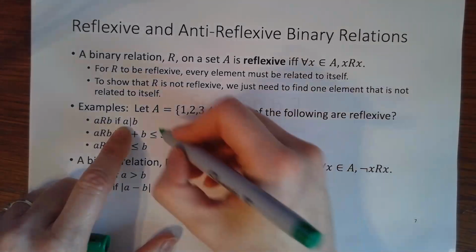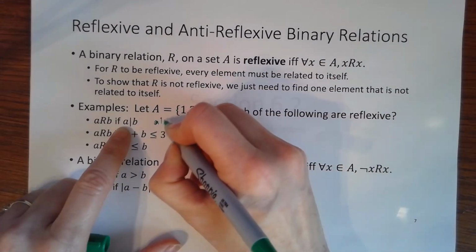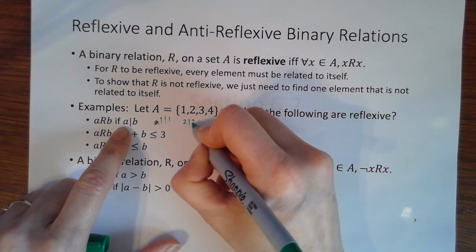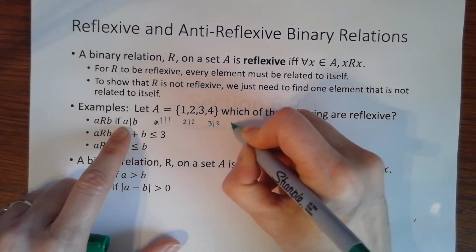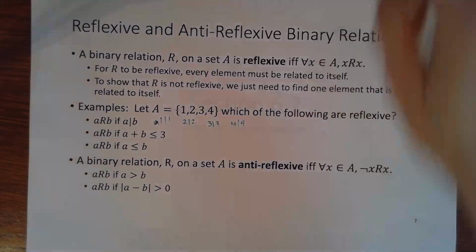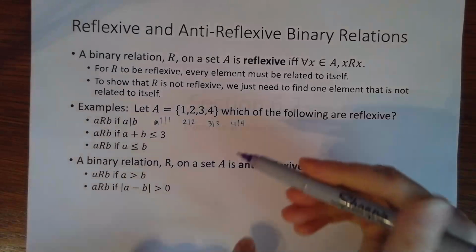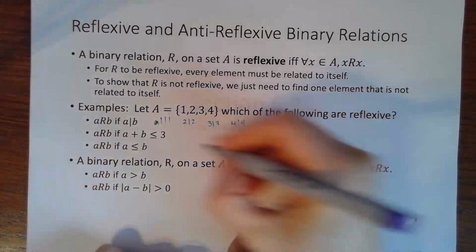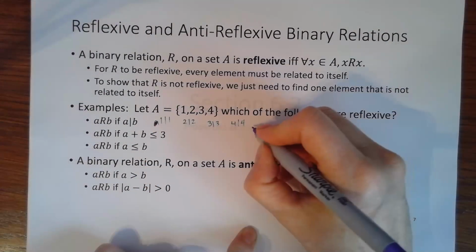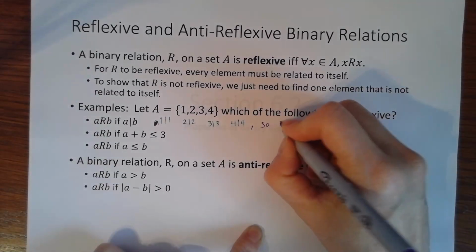And yes, it is true. 1 divides 1, 2 divides 2, 3 divides 3, 4 divides 4. In fact, every element divides itself, and so it is reflexive.